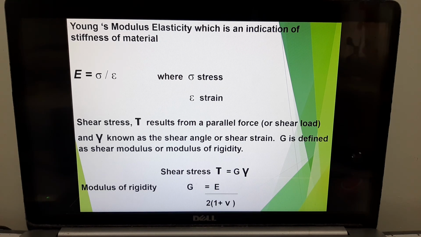Then you have something called shear stress, which is the result of parallel forces, known as shear angle or shear strain, and G is defined as the shear modulus or modulus of rigidity. So modulus of rigidity G equals E over 2 times (1 plus v). I don't expect you to memorize this formula, but you definitely need to know three formulas which I will highlight shortly.